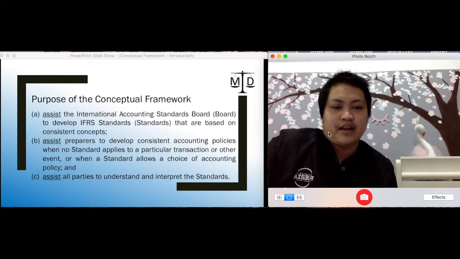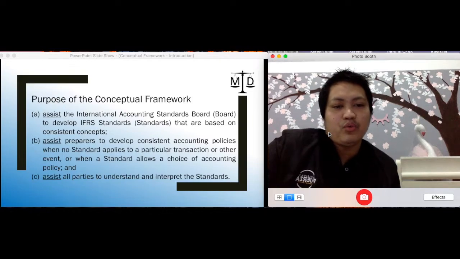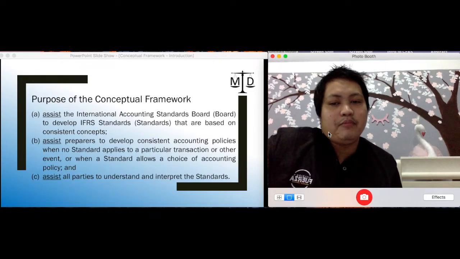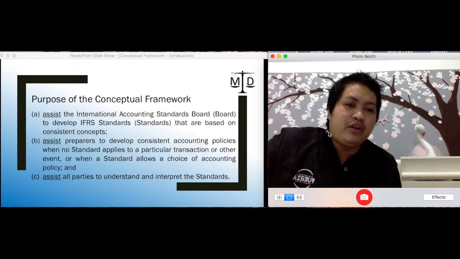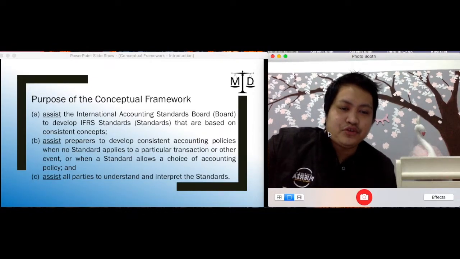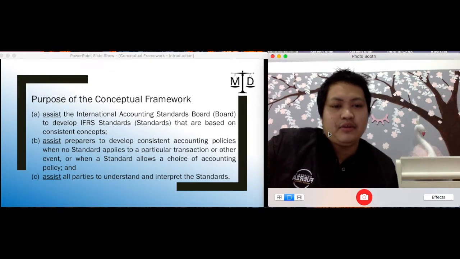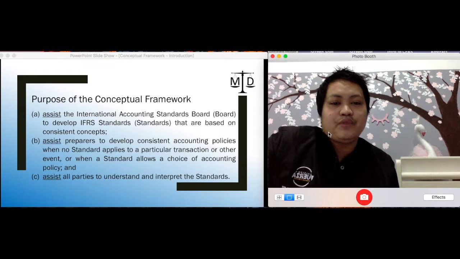So this would be the second common question on the framework. Which of the following is not a purpose of the framework? From the questions I have encountered before, the fourth choice would definitely be the wrong answer, and they are going to make it easy because the fourth choice would not even have the word assist.